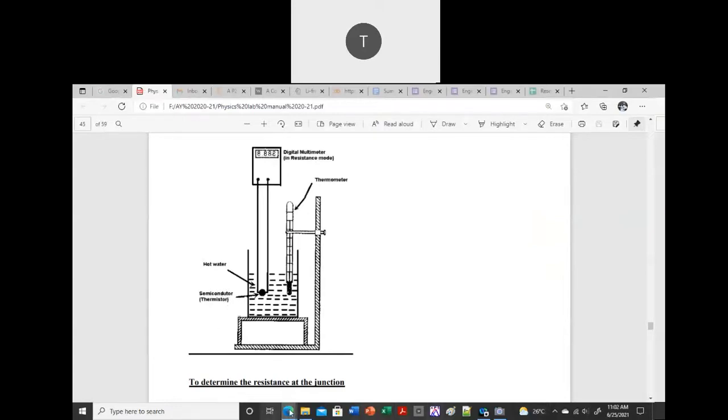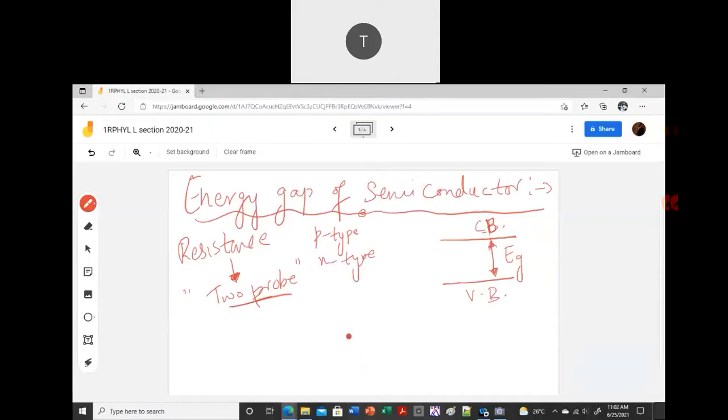The first thing is that your thermistor is a semiconductor, and the resistance of this material depends on the temperature. Thermistor means it is a thermally sensitive resistor. Okay, so this is your thermistor.